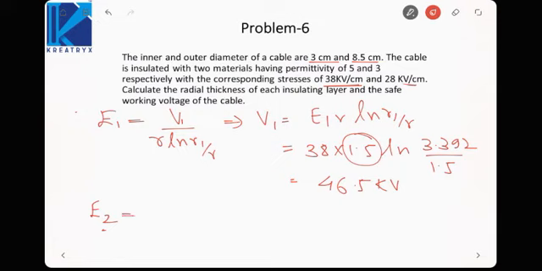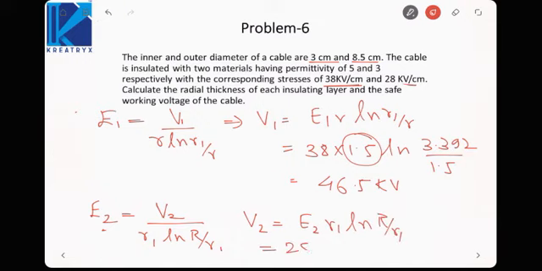Similarly, suppose the voltage of insulator 2 is V2. Now the maximum stress for insulator 2 will occur at the inner radius, that is R1. So V2 = E2 R1 ln(R/R1). E2 is 28, R1 is 3.392, ln(4.25/3.392).